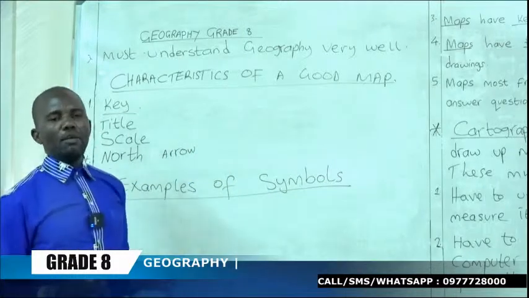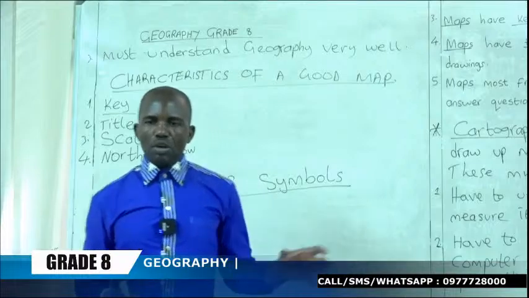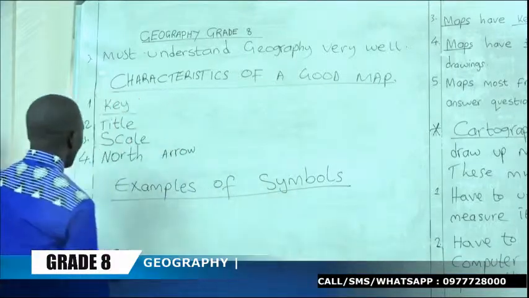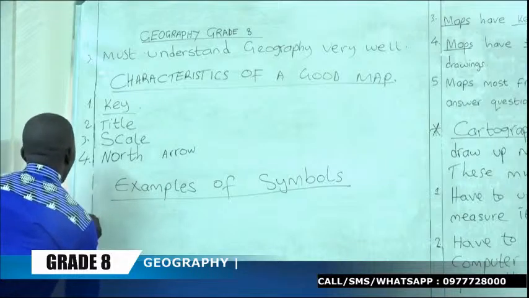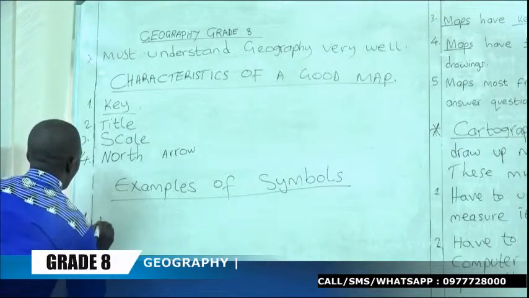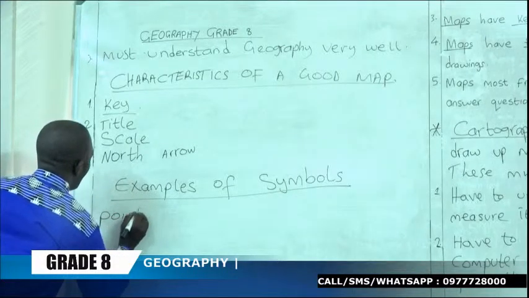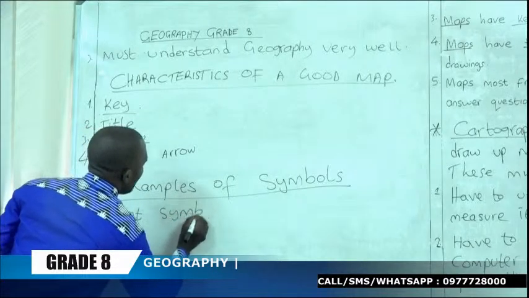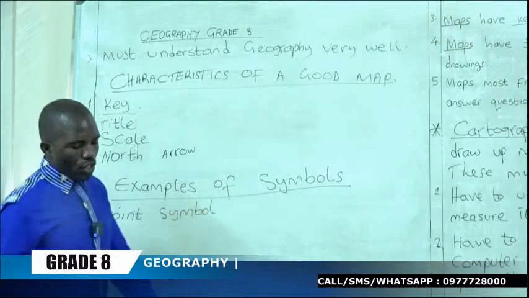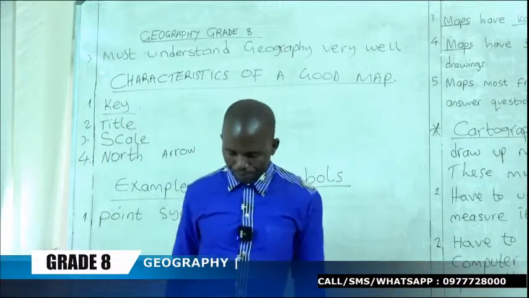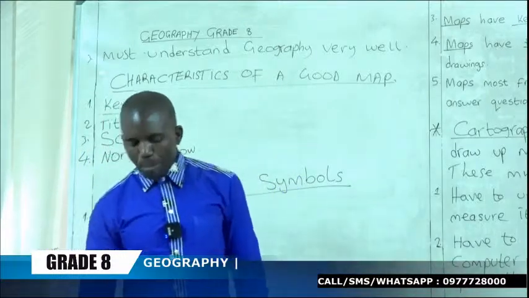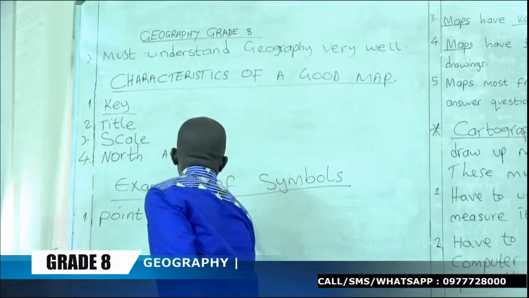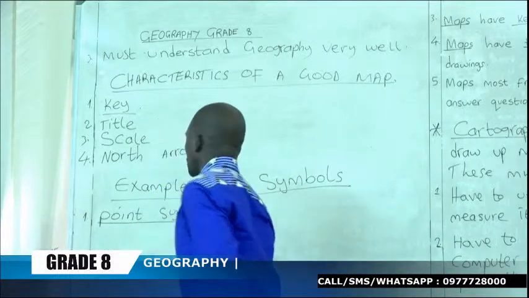There are 3 important examples of symbols that I'm going to present before you today. Number 1, we've got the point symbols. Now, some people might ask, what are these in general terms? What do we mean by point symbols?